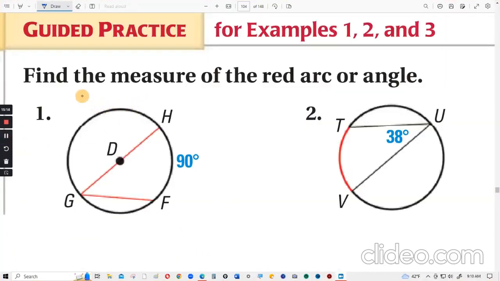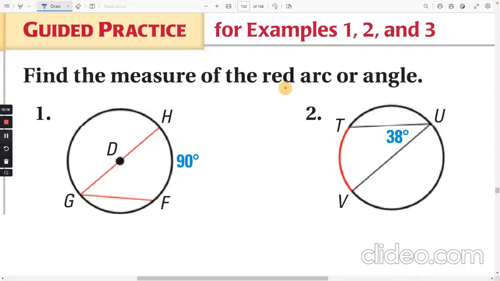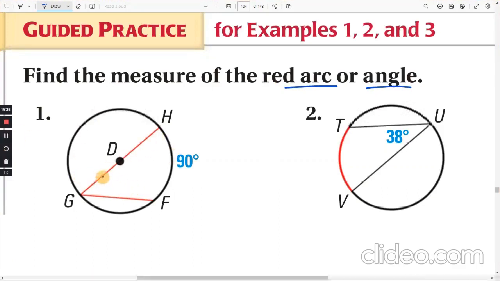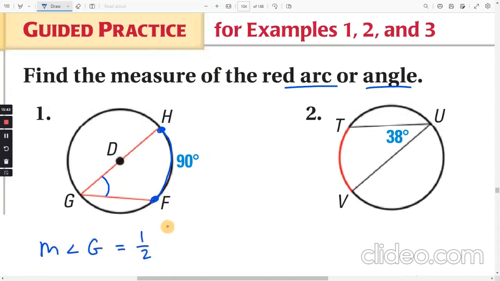Please try guided practice 1 and 2. Find the measure of the red arc or angle. Right here is the red angle, and it intercepts this arc going from H to F. So we know the measure of angle G is going to be 1/2 of arc HF.